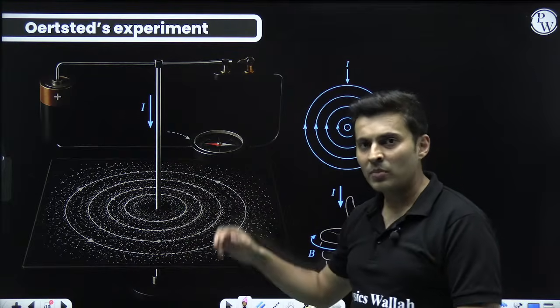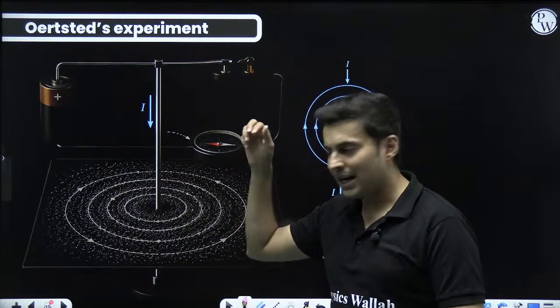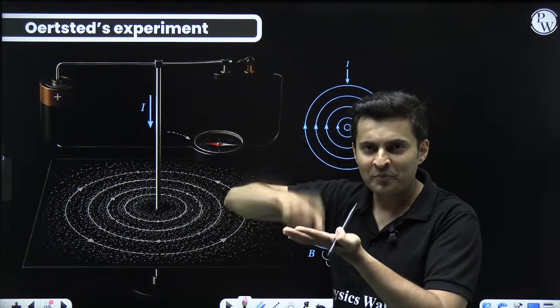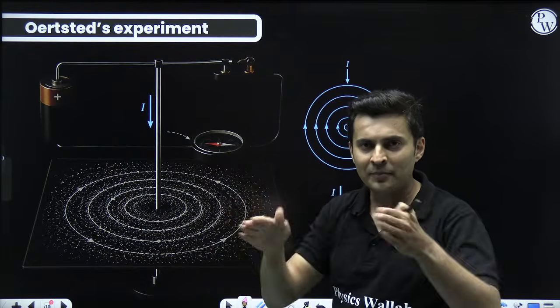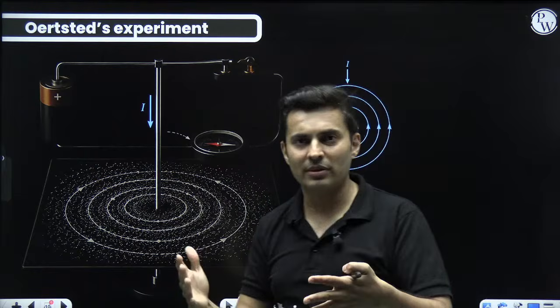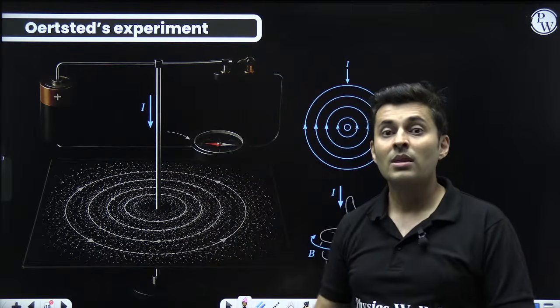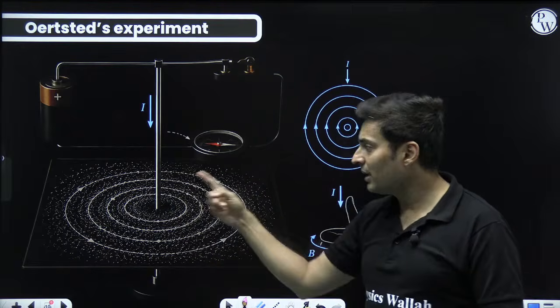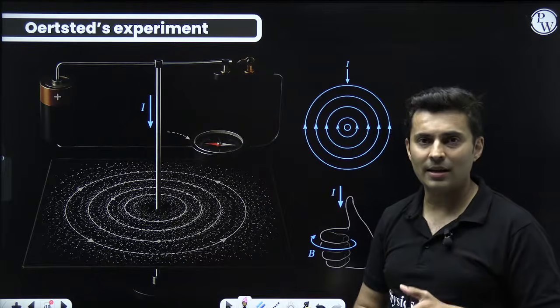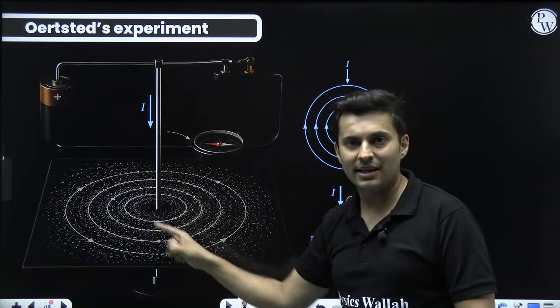Same way, these iron filings are like teeny mini magnetic compasses, which are used for navigation, and that is the reason why, when current was passed and you tap on these iron filings, let them loose and let them set in the direction of the magnetic field, they form beautiful concentric circles, showing that the magnetic field because of this current carrying wire is in the form of concentric circles.